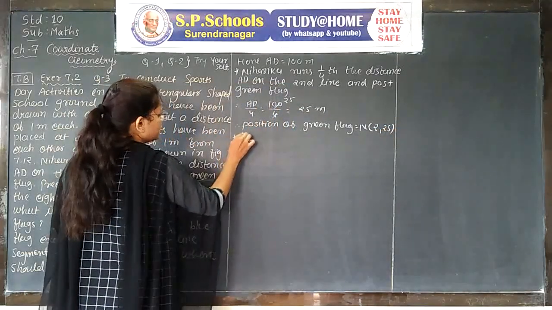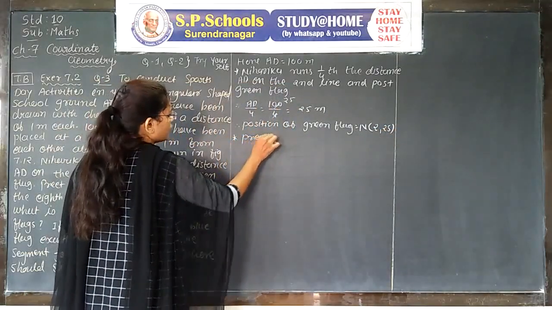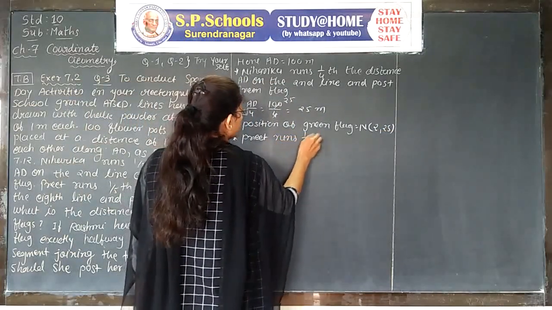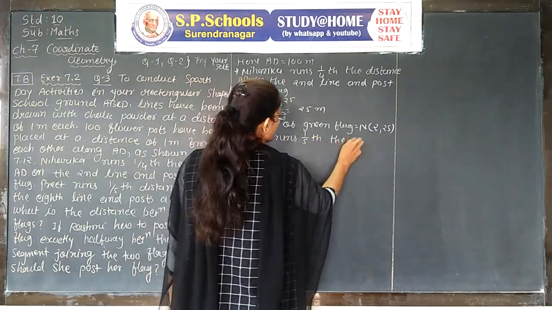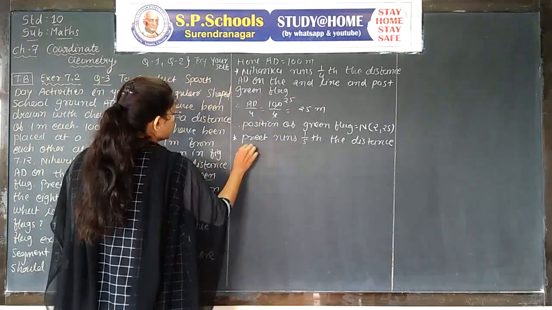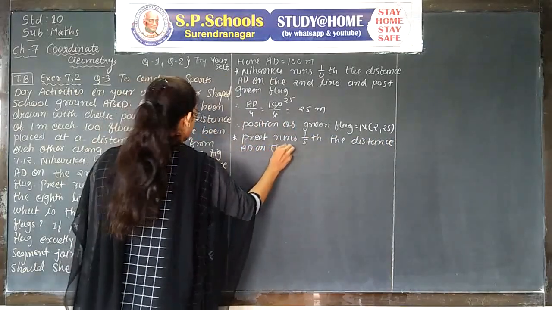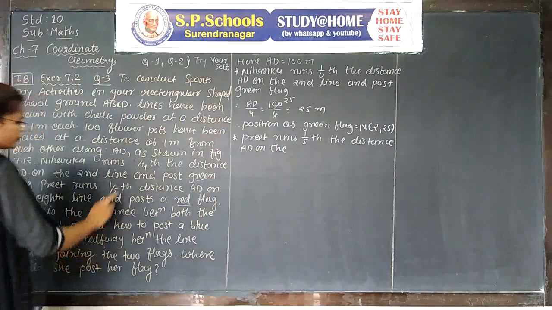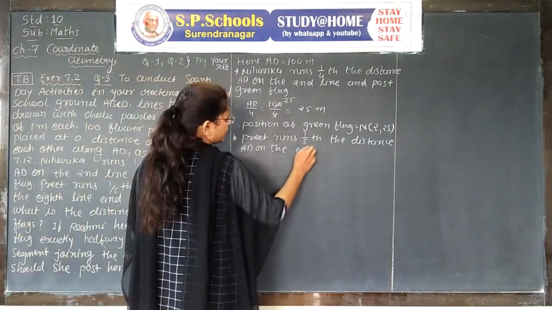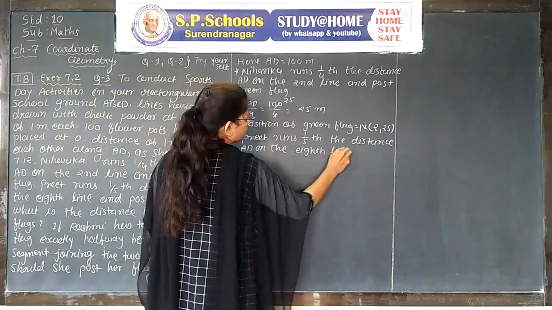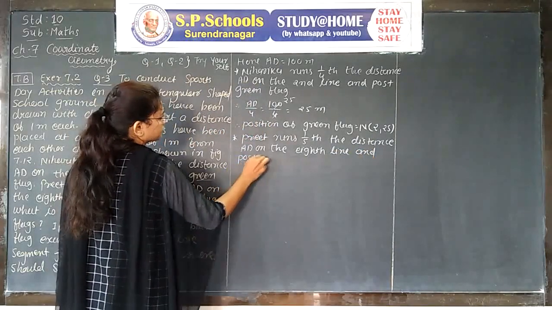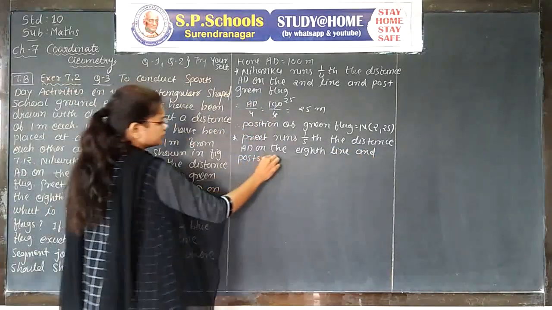Same way for the second person, Preet. Now Preet runs 1/5 the distance AD, not on the second but on the 8th line, and posts a red flag.